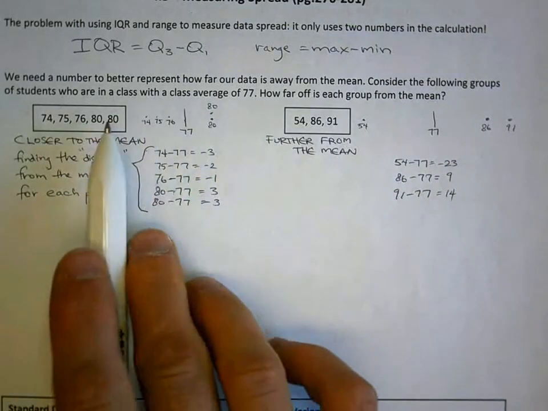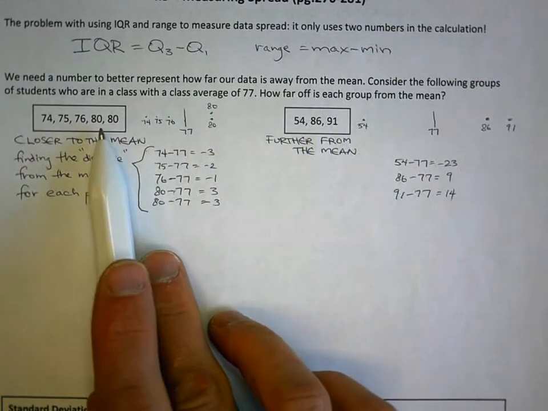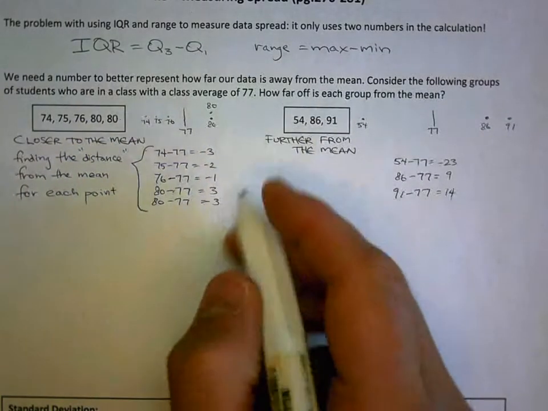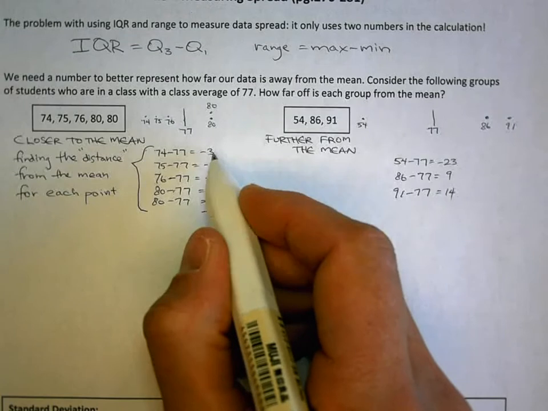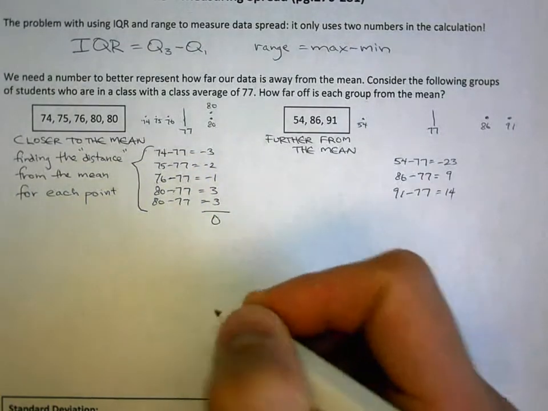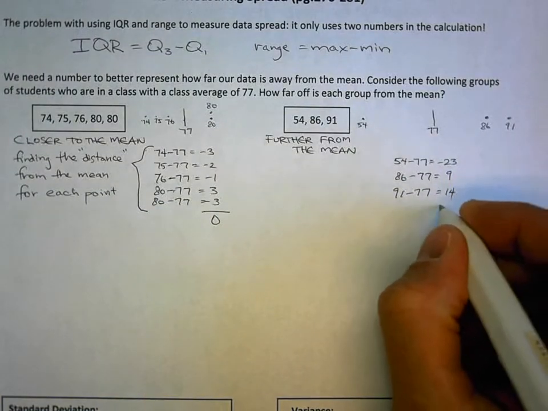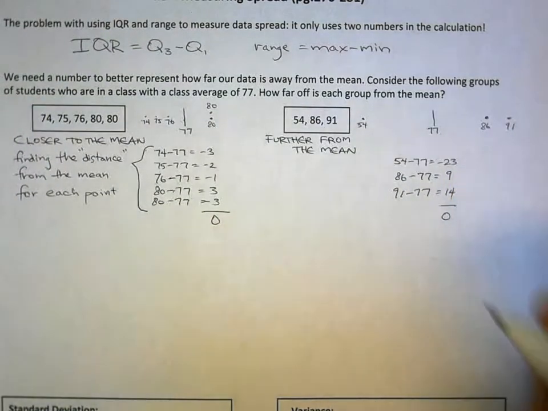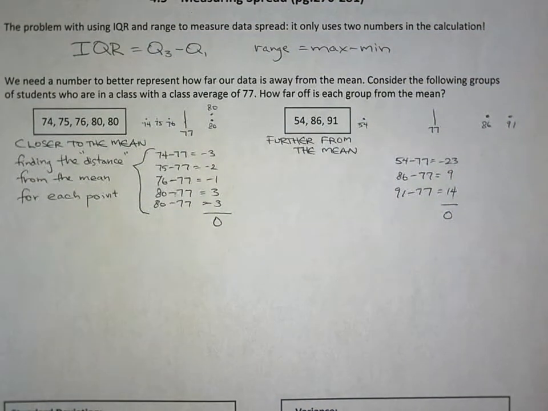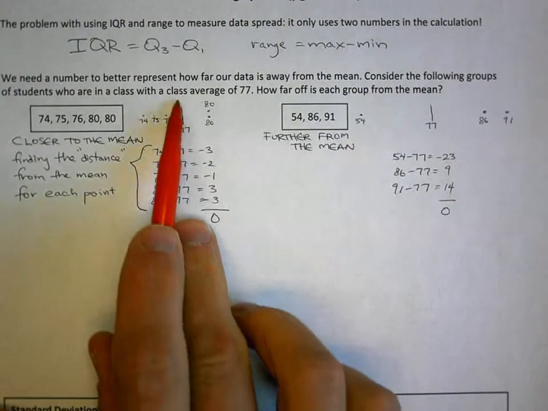Okay, now if I want to look at the whole data set and figure out which data set is better, I would have to add up all of these distances. So I get -3, -5, -6, plus 6, I get 0. And if I add these up, I get -23 plus 9 plus 14, also 0. Interesting. They both add up to 0. Well, this shouldn't be too much of a surprise. We know that the mean is in the middle.